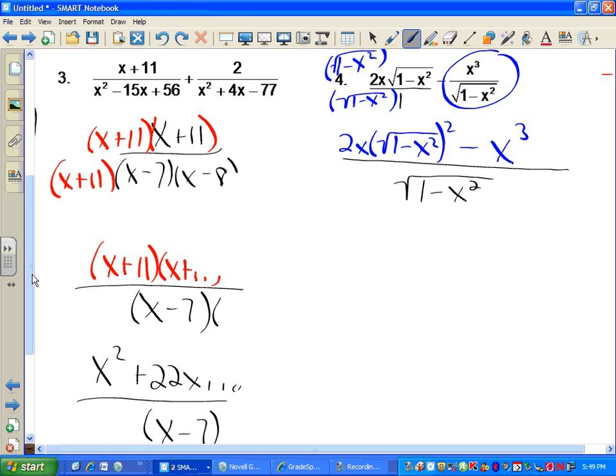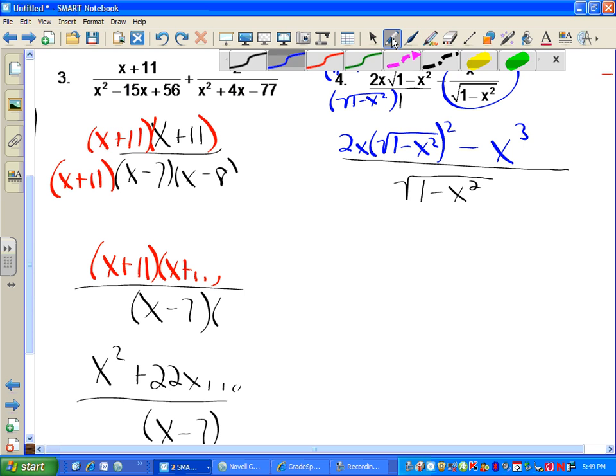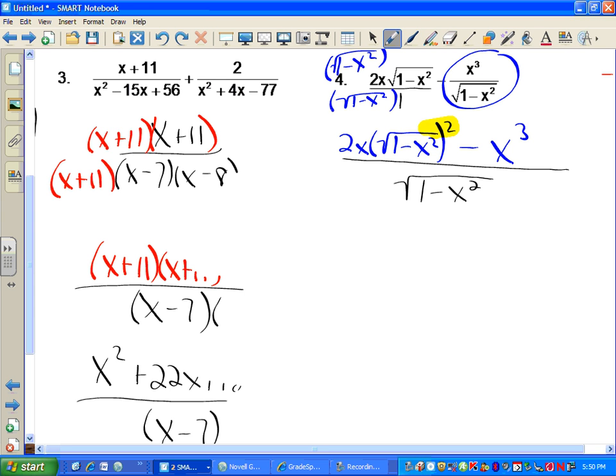Now, what is the square root of x squared? Well, they're inverse operations, so it will just undo itself. So the square root of x squared is just itself, 1 minus x squared.